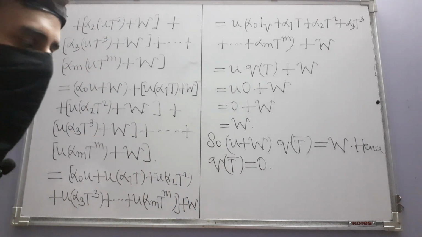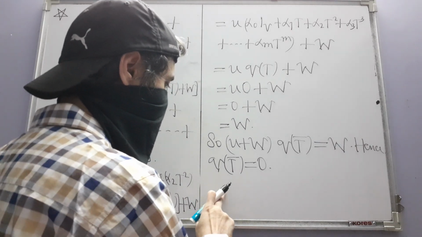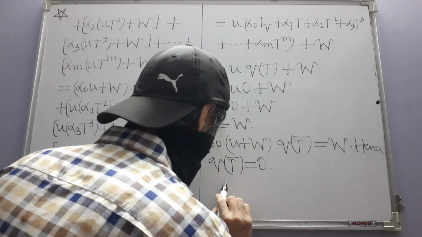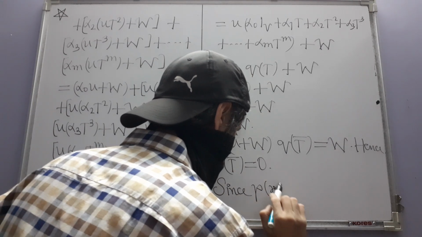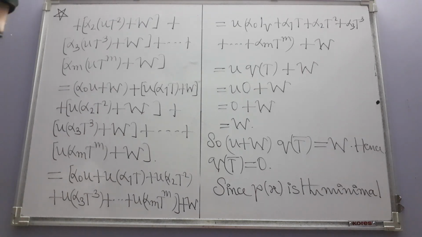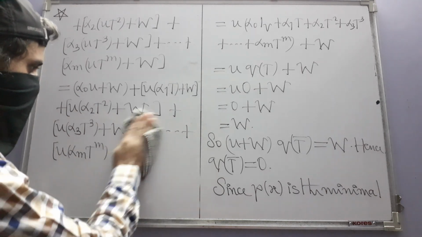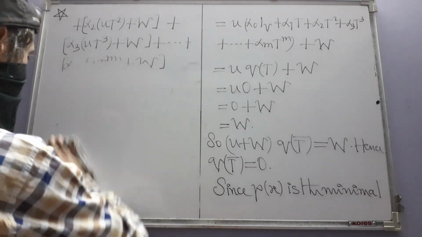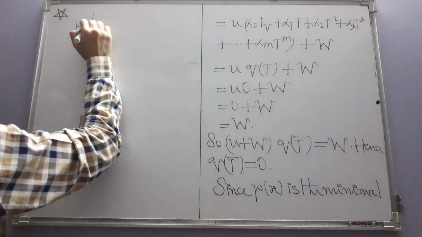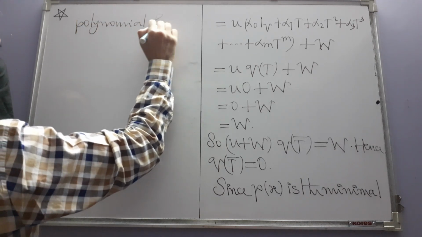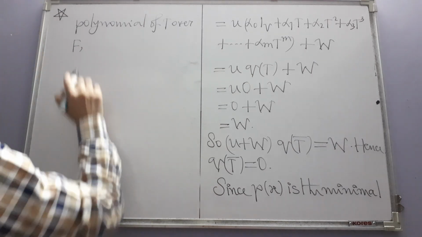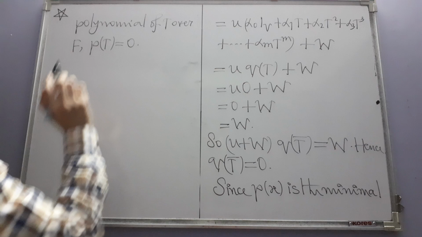And now finally the third claim. What is the third claim? The third claim says that P1x is the minimal polynomial of T bar and Px is the minimal polynomial of T. Since Px is the minimal polynomial of T over F, T satisfies P, or in other words, P of T is equal to 0.